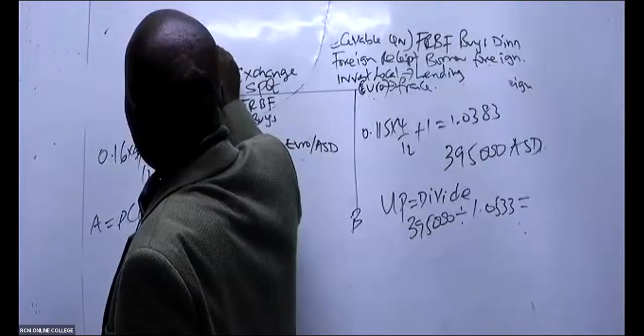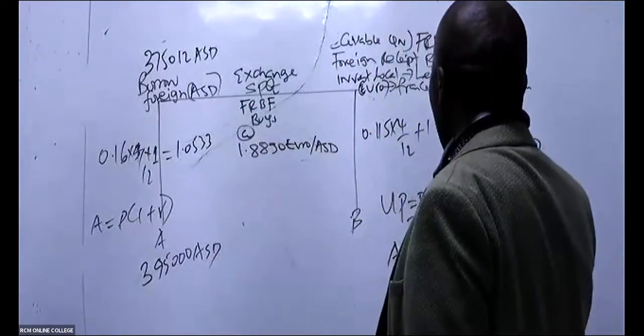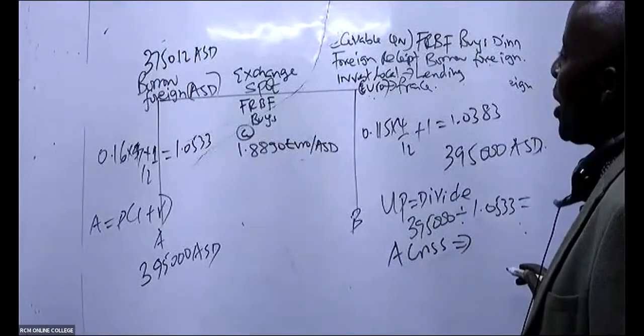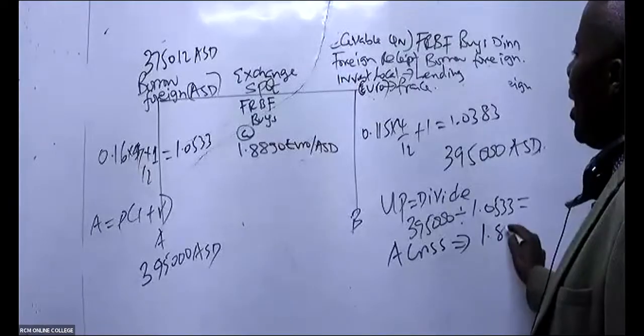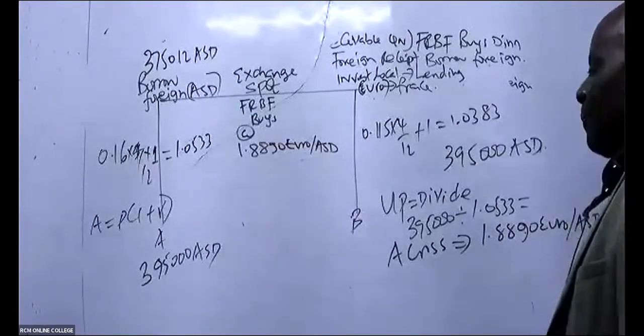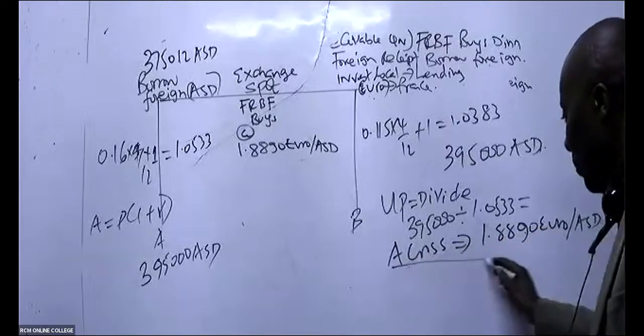Yeah, ASD. Across. Across is the exchange rate. So the exchange rate given is 1.8890 euro per ASD. So please open this up across.